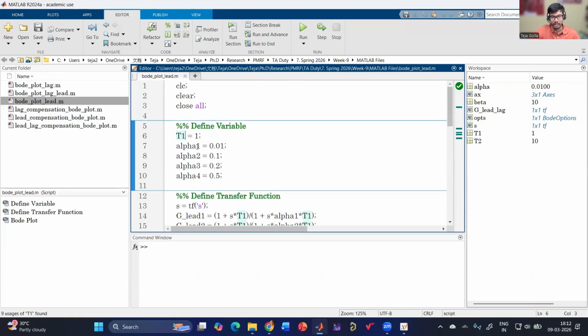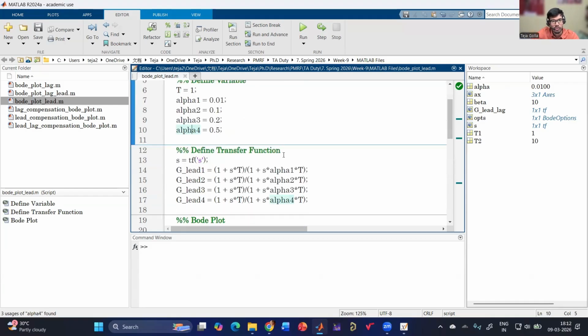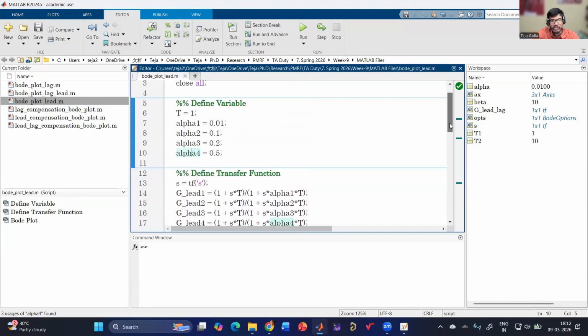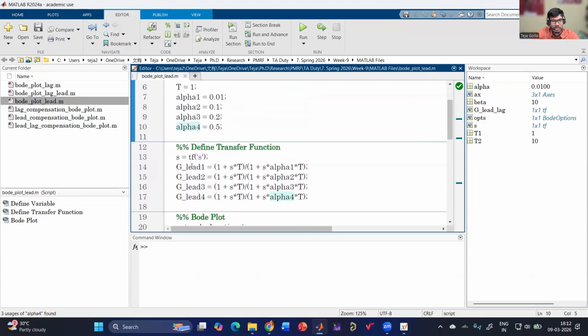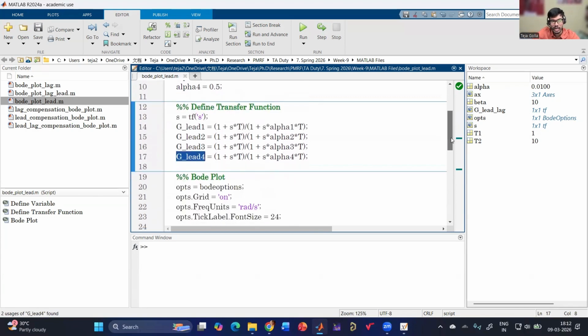I have T, and then instead of a single alpha, I am considering multiple alphas: alpha 1, alpha 2, alpha 3, and alpha 4. I am defining the transfer functions G lead 1, G lead 2, G lead 3, and G lead 4, which is (1 plus sT) by (1 plus s alpha T), with alpha being alpha 1 to alpha 4.